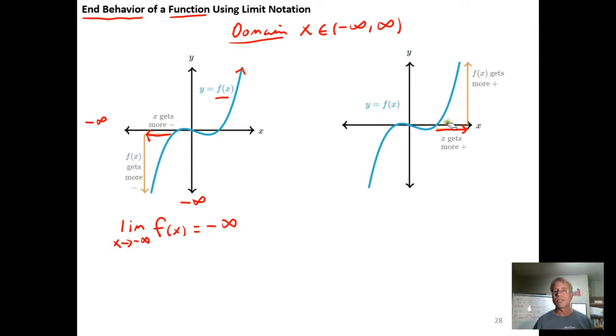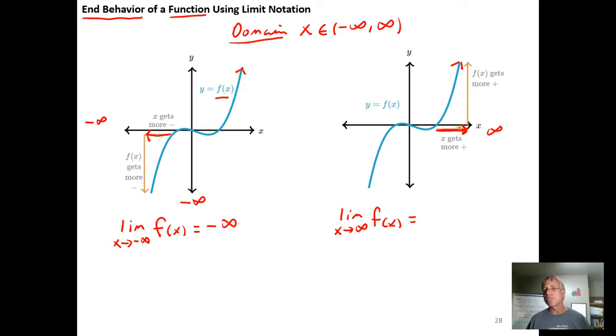Over here, I can describe the end behavior of this function as x goes towards positive infinity. So I can say the limit as x goes to positive infinity of my function f of x is equal to, and then I need to look at the function and say, where are the outputs going?